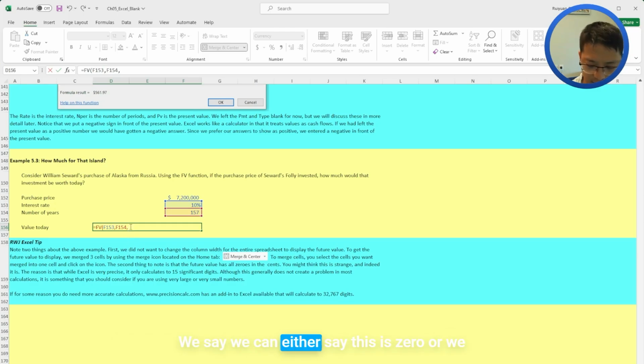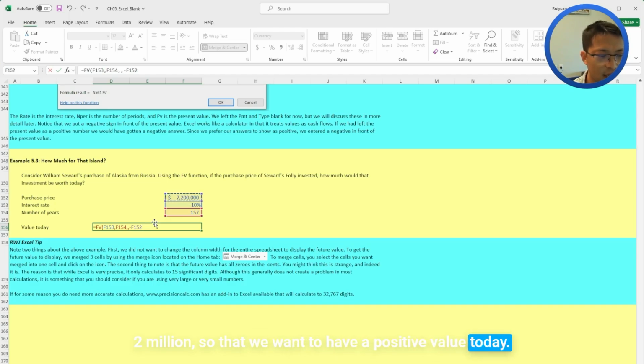We can either say this is 0, or we can just skip it by putting another comma here. The second comma is important because after the comma, we will go to the next input, which is PV. For the PV, we want to have a negative present value, which is 7.2 million, so that we have a positive value today.